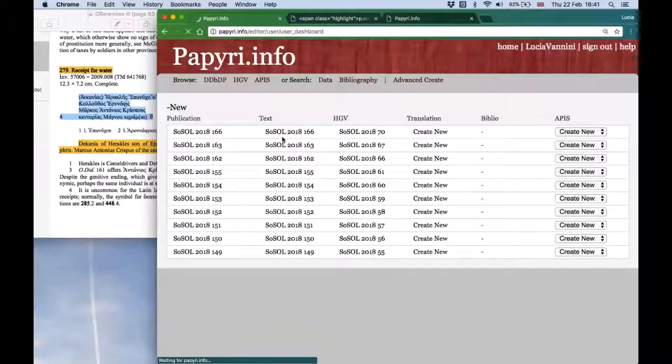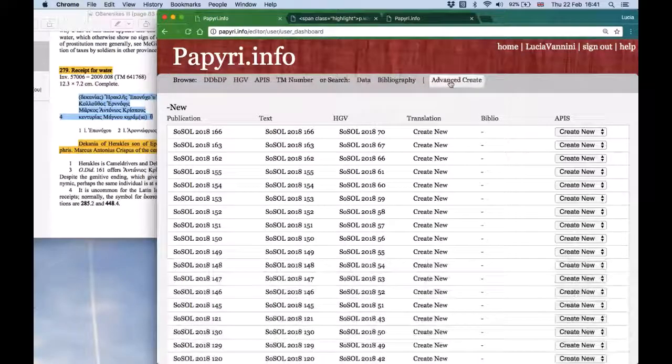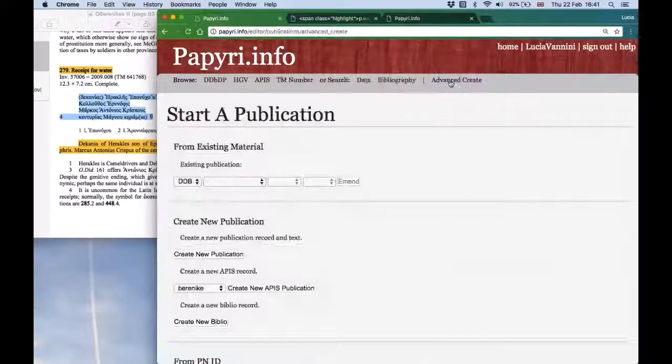Then we click on Advanced Create, and on Create New Publication.